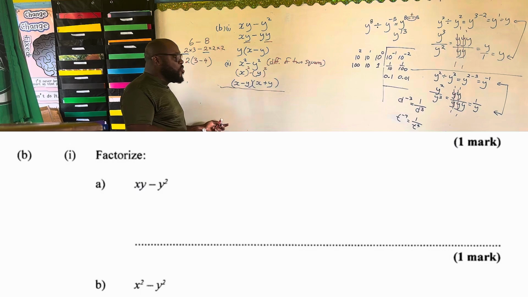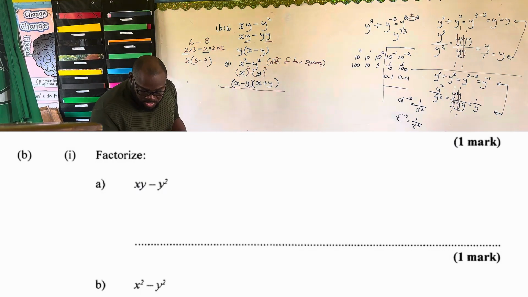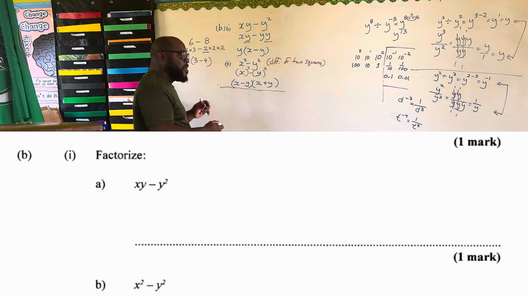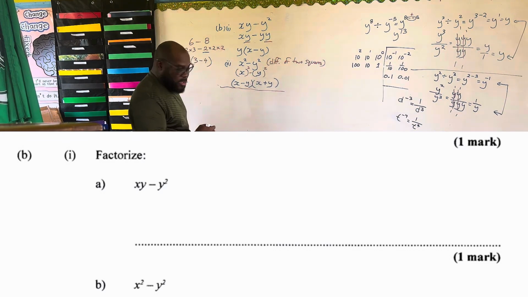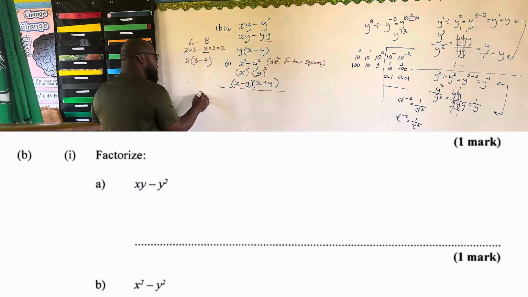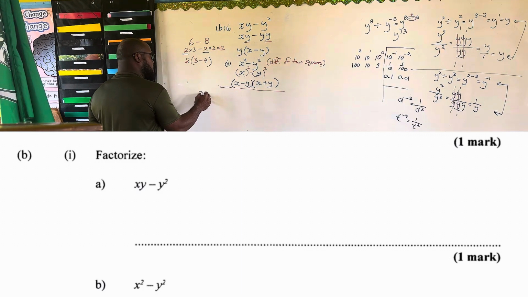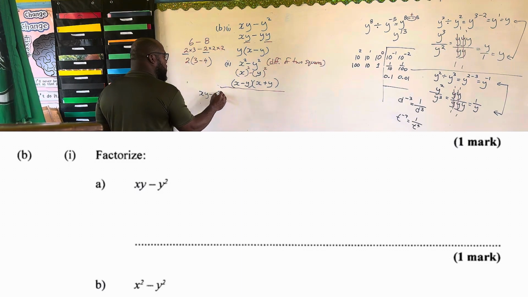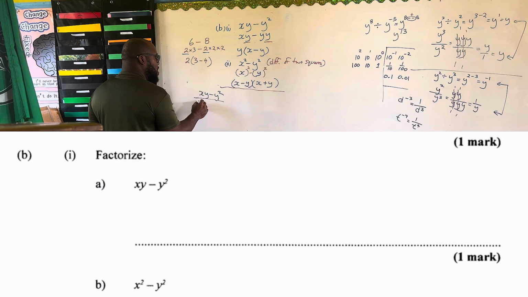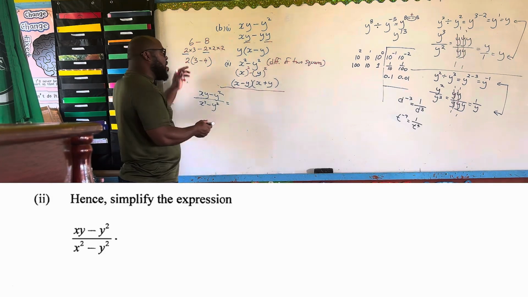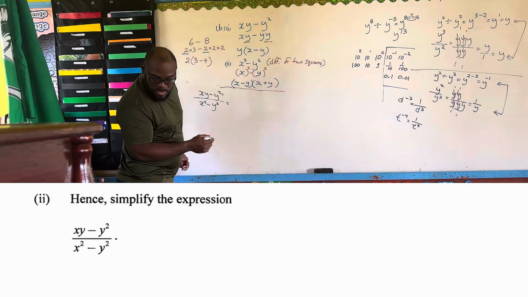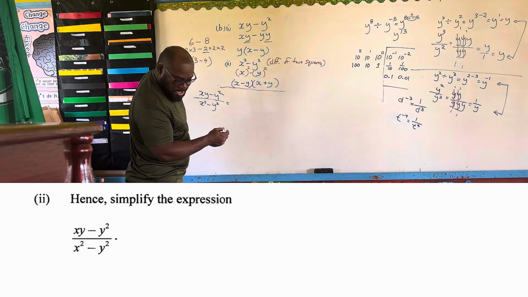So next, number 2 says, hence, simplify the expression. They give you x squared minus y squared over x squared minus y squared. Now we've done the working on the top already.